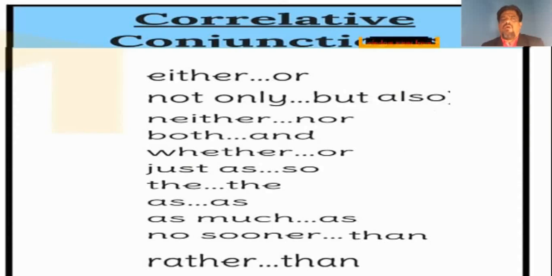So either or, not only but also, neither nor, both and, whether or, just as so, so that. Then we speak something else, and then we put the word that. That is why I say so that. There is another word, so, that does not come under this correlative conjunction.